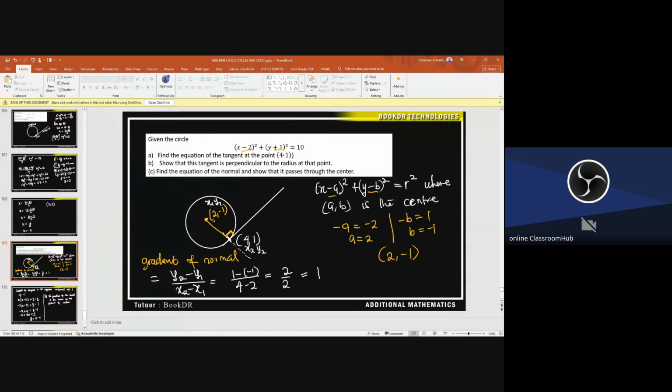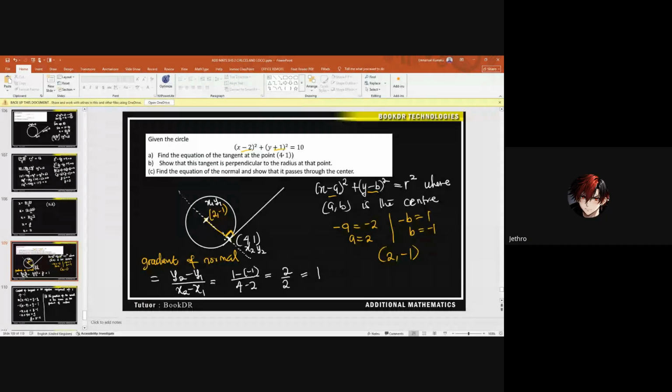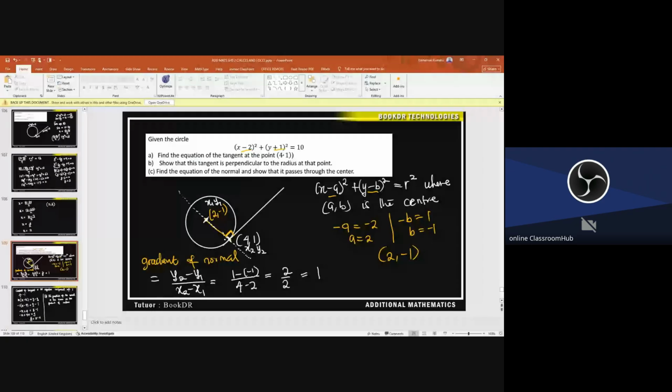The normal to the circle can always be extended beyond bound. We can extend it at both ends. But the radius begins from the center to the circumference. But they have the same gradient, because gradient talks about how steep or the slope of a line.